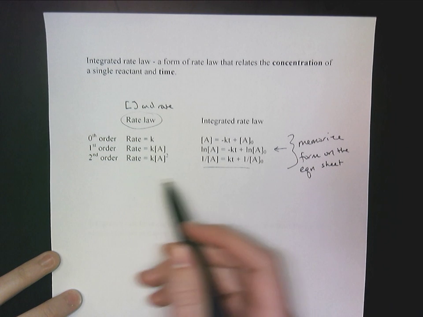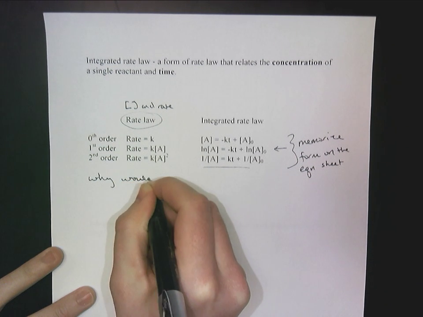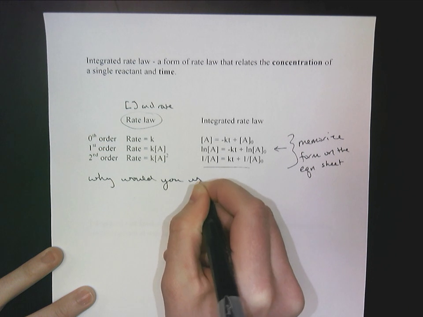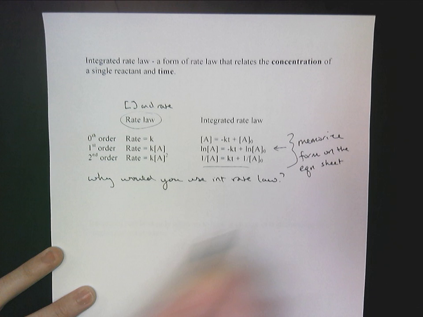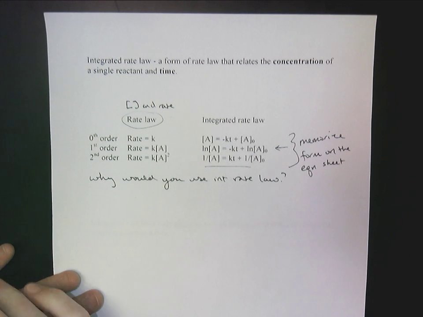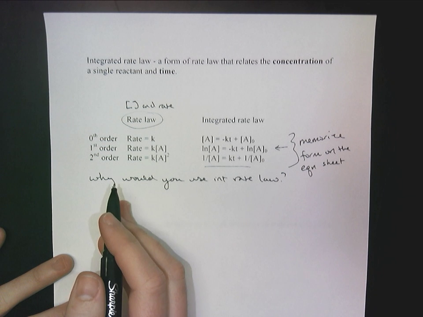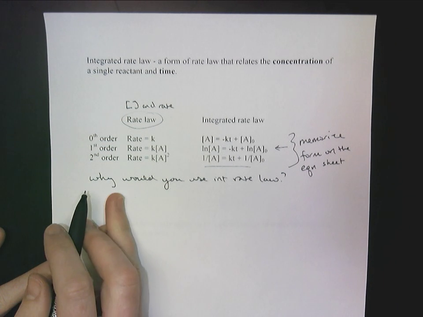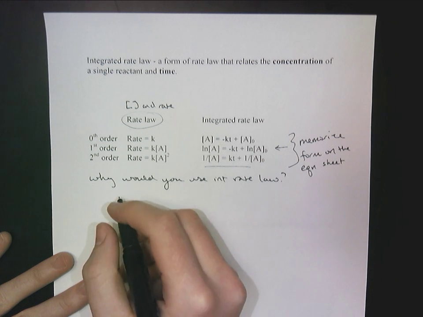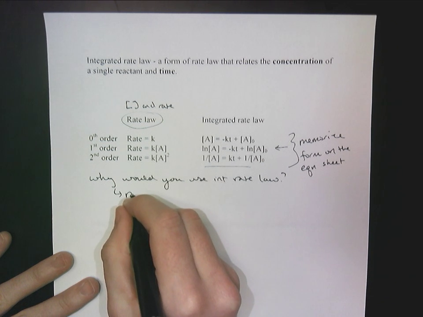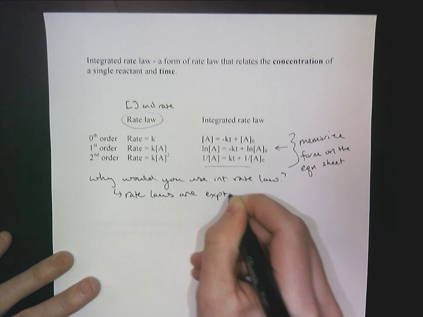Okay, why would you ever use an integrated rate law? We just spent some time getting really comfortable, or maybe starting to get comfortable, with the differential rate laws and the dependence of rate on concentration. Why are we suddenly looking at time and concentration? Well, remember that all rate laws are experimentally determined.